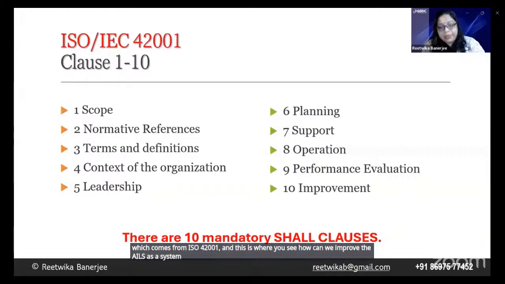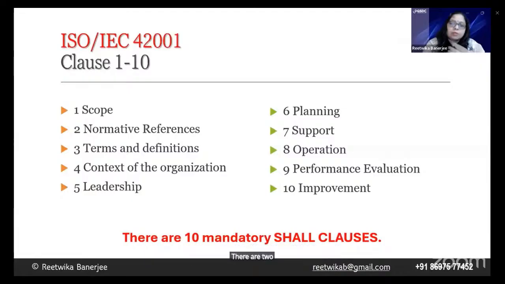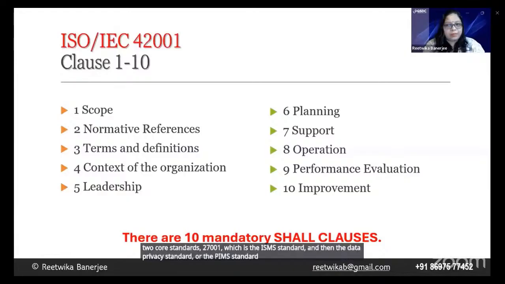Now, people who are ISO 27001 practitioners, I can see their eyes gleaming. So you definitely can relate how closely we are following 27001 here. 42001 is actually built on two core standards: 27001, which is the ISMS standard, and the data privacy standard, the PIMS standard, the privacy information management system.